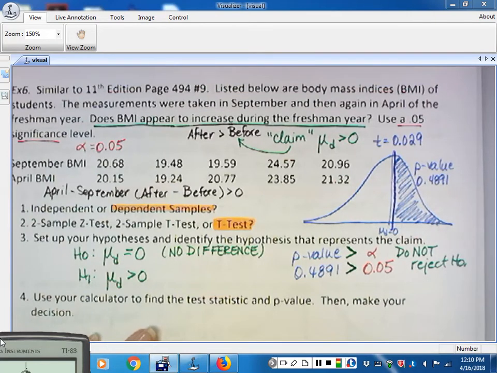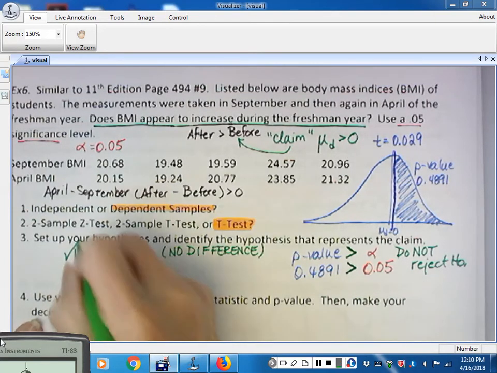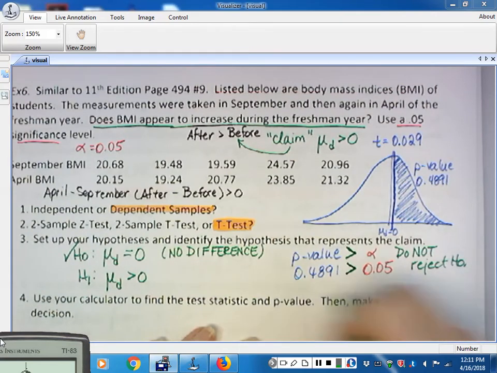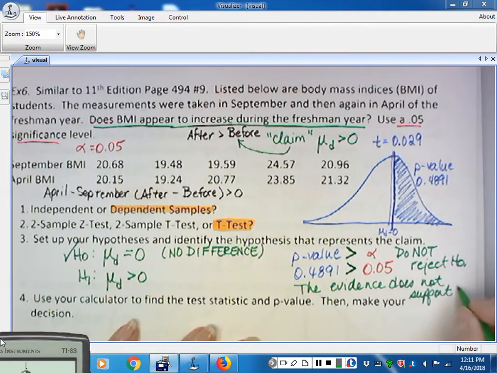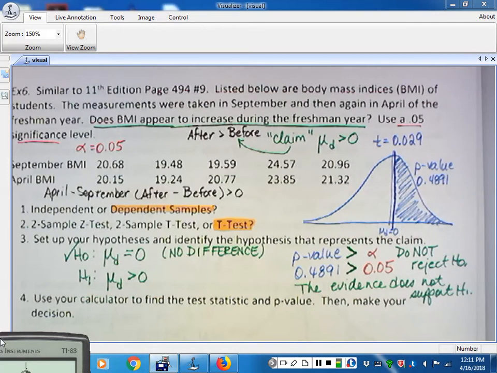And we do not reject H0. The evidence doesn't support the claim. Because the claim is H1.